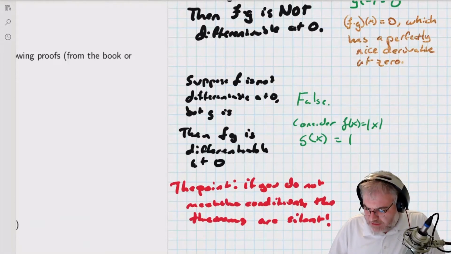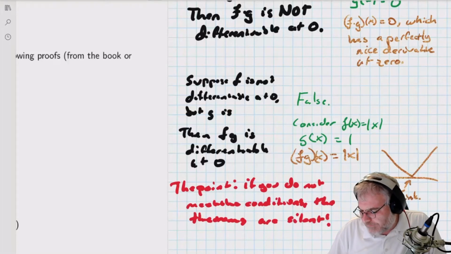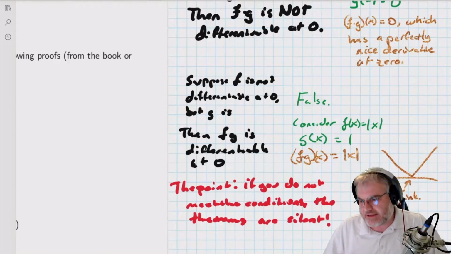Here, fg of x equals the absolute value of x, which, as we know, is not differentiable at 0. It's got a nice little kink there. So the point is that if I don't meet the condition, I can't say anything for sure.